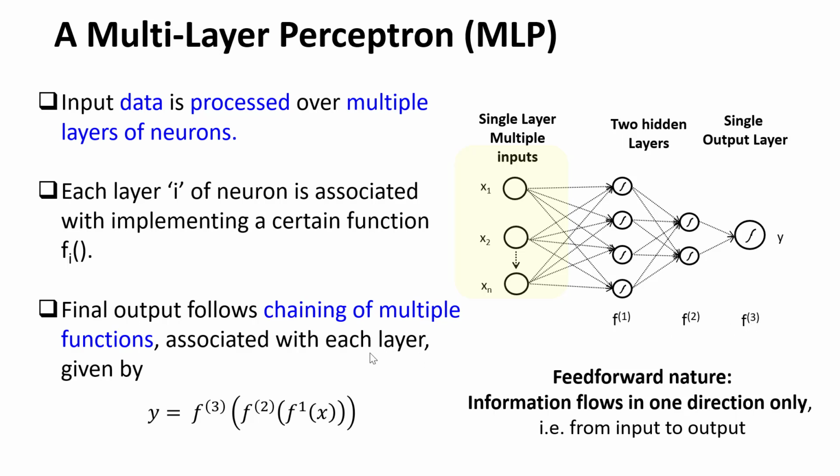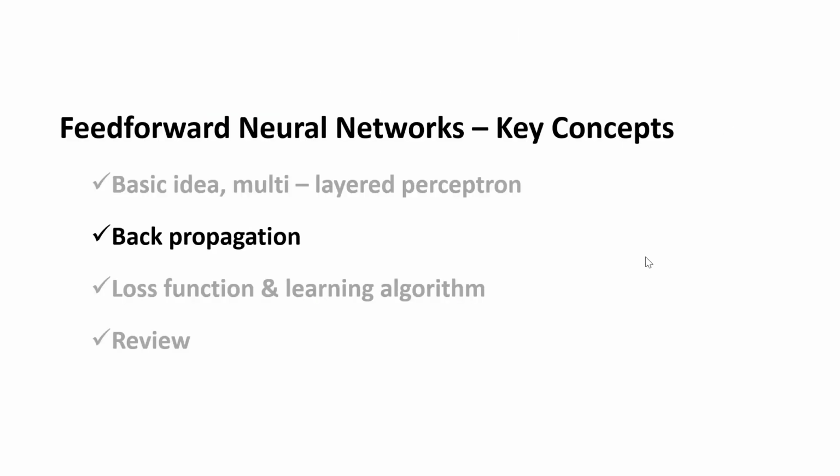So y would be given by function f of 3 of f of 2 of f of 1 of x. And the whole idea is that given a sufficient depth of layers and number of neurons, we can approximate y with a functional form that represents x1 to xn.